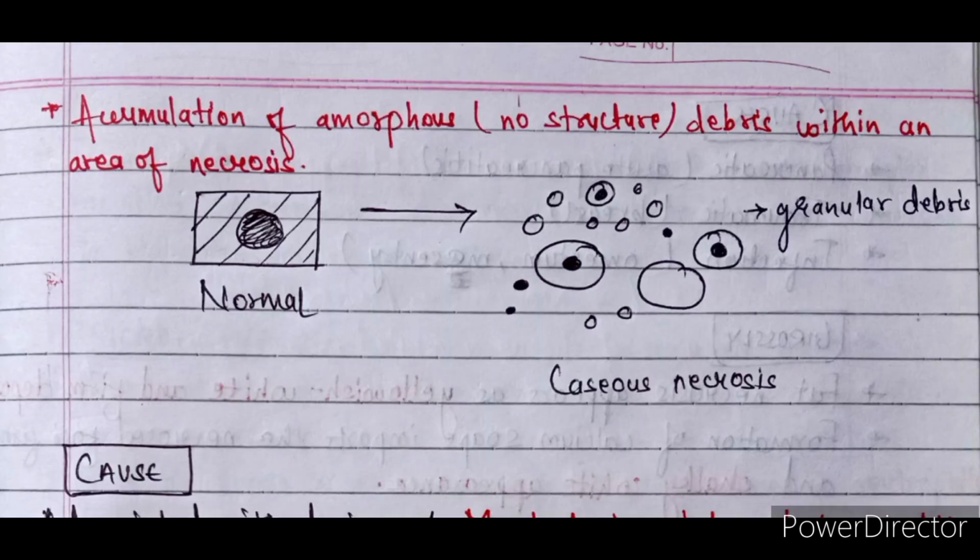So in caseous necrosis, we can see the accumulation of amorphous, that is no structure, debris within the area of necrosis. Here we can see the normal cell is converted into the caseous necrosis into many granular debris.